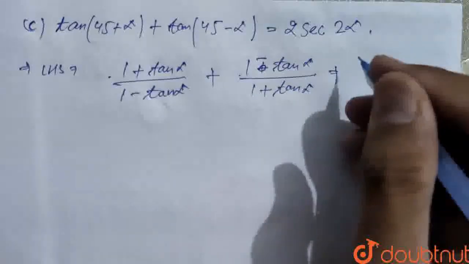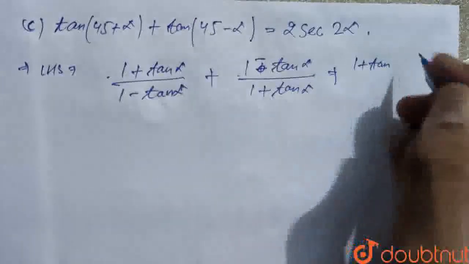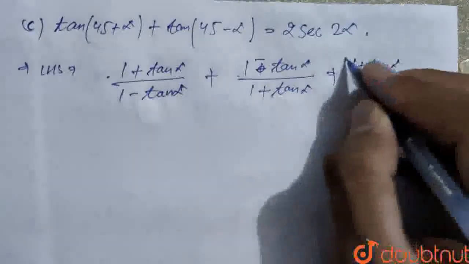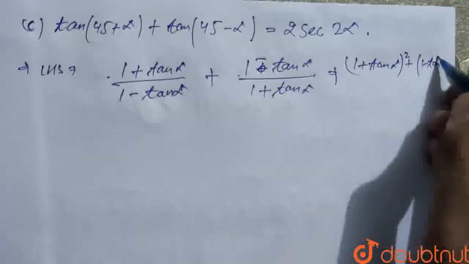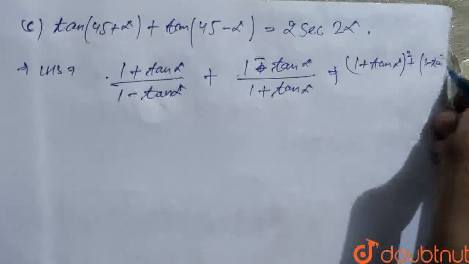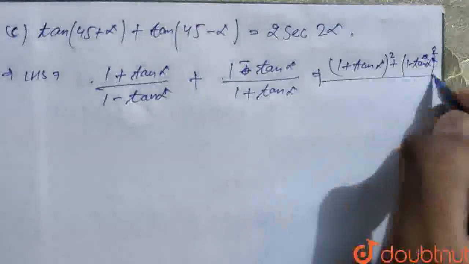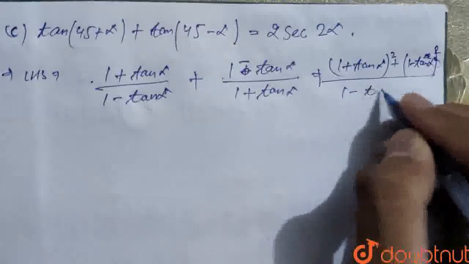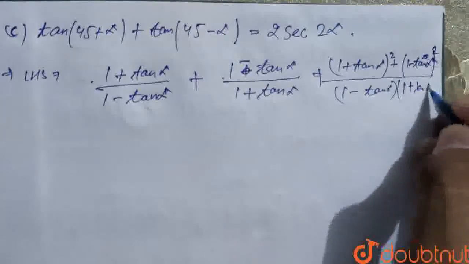Now we will take the LCM and we get 1 plus tan alpha whole square plus 1 minus tan alpha whole square divided by 1 minus tan alpha into 1 plus tan alpha.